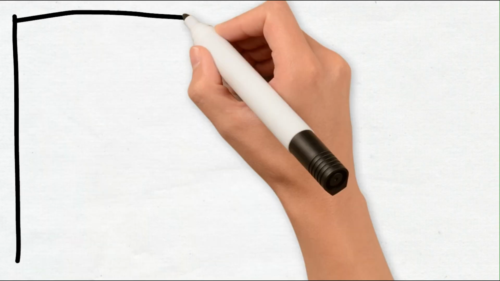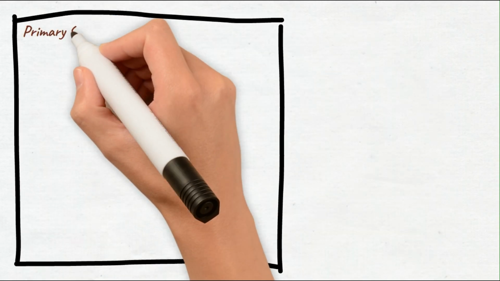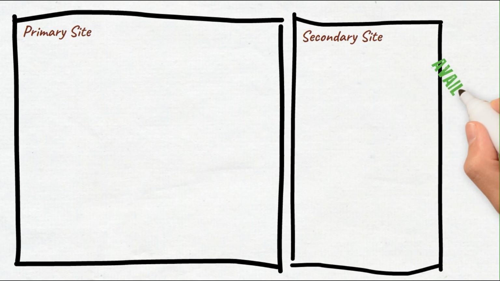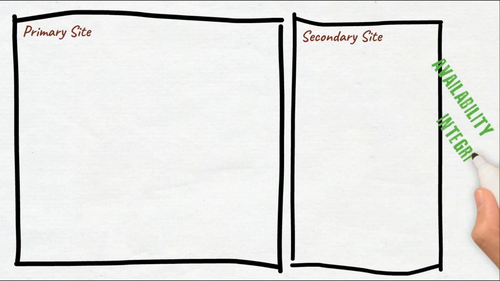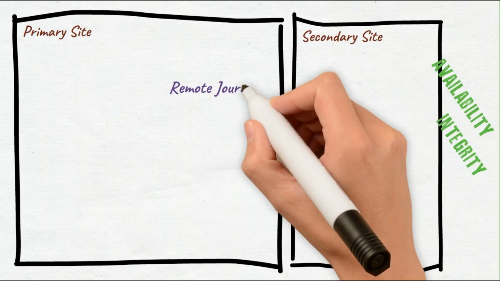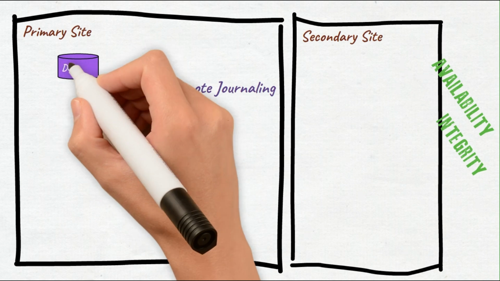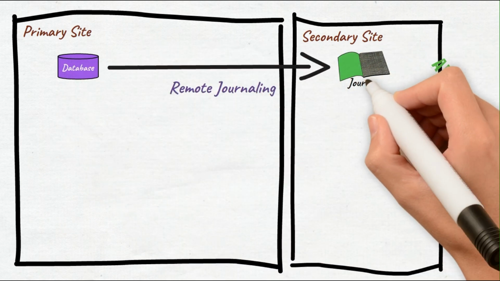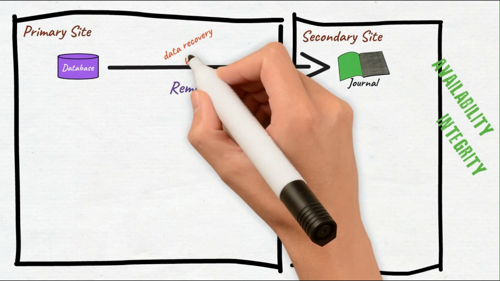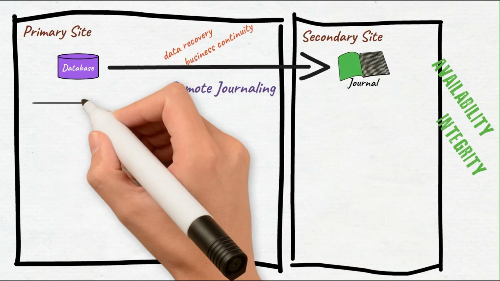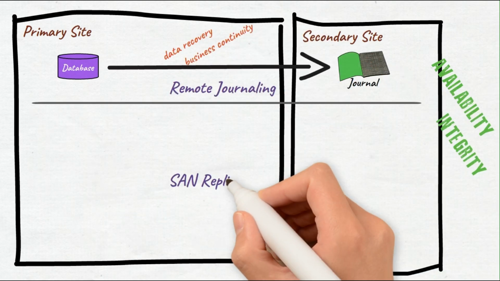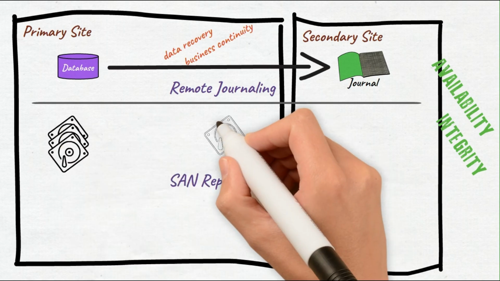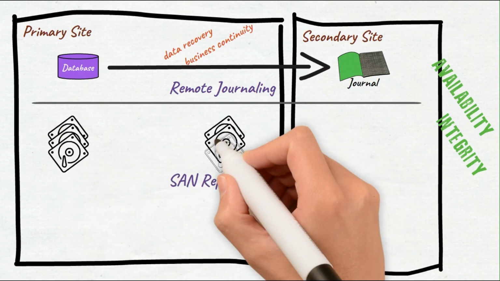Remote journaling, SAN replication, and VM replication are advanced data protection methods that implement availability and integrity. Remote journaling creates and maintains a journal of data changes at a separate remote location so that data recovery and business continuity are covered in case of local failures. SAN replication duplicates data from one SAN to another in real time or near real time.